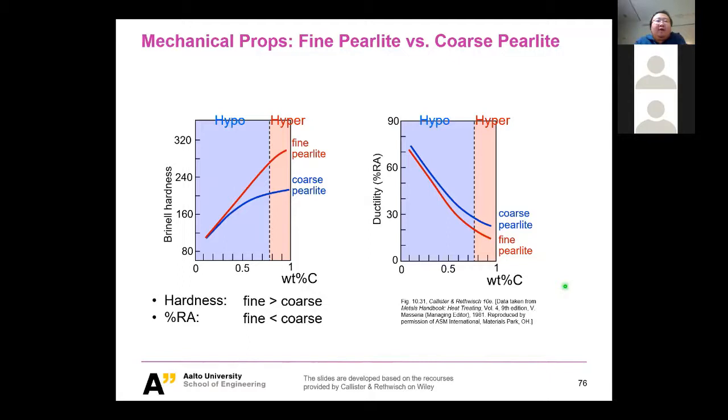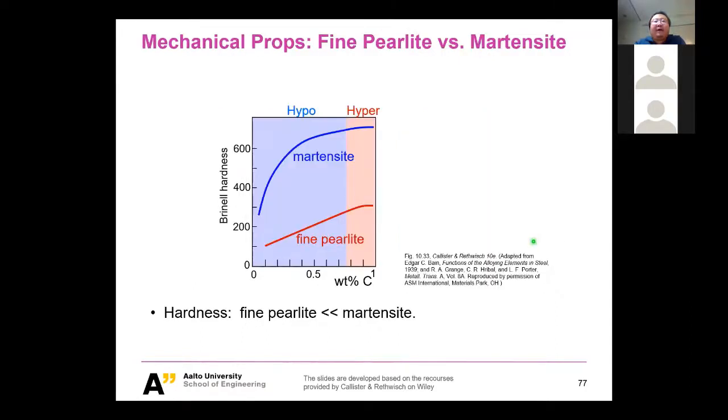So you also know what the difference between fine and coarse grains is, right? This is exactly what is happening. If you have fine grain, you will have, again, higher strength, and the consequence of the higher strength is, of course, the reduction of your ductility. That's the difference between fine and coarse pearlite.